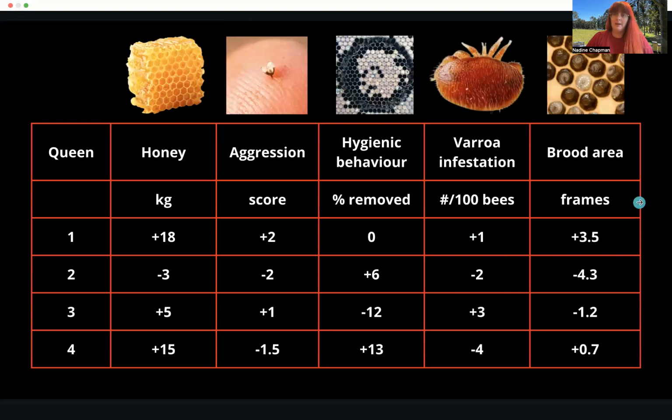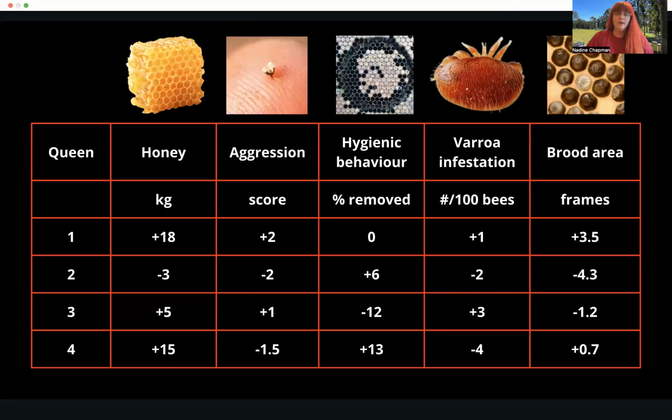And my final example is brood area measured as the frames of brood. So that's to the nearest 5% of a frame. And the first queen's colony has got 3.5 more frames than the average in her apiary, whereas the next one's got negative 4.3. So she's got 4.3 less frames of brood than the average.